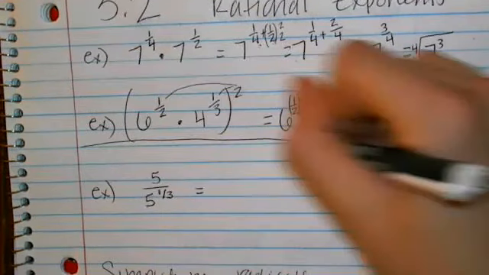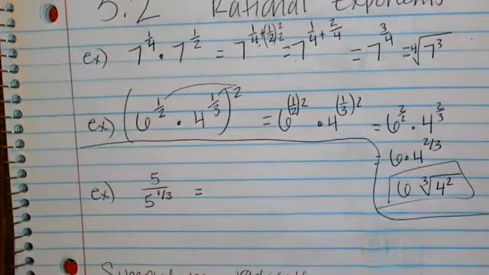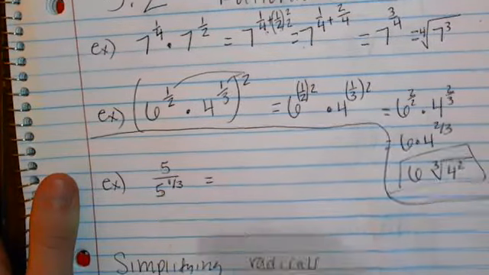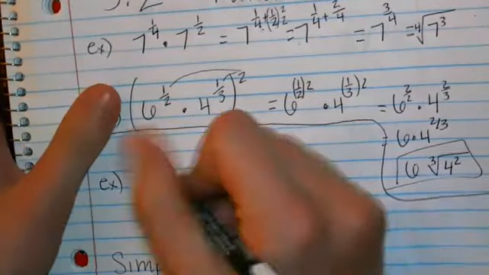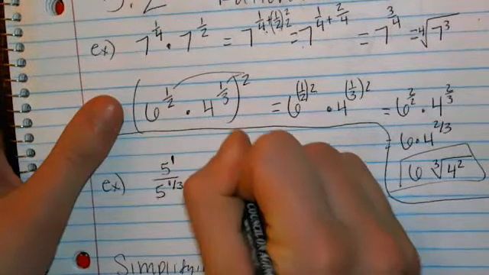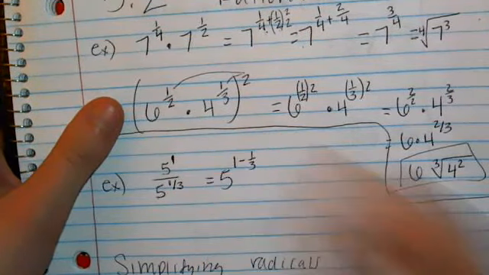All of this work goes toward that top example. Okay. If we're dividing things of the same bases, you can subtract their exponents. So again, if an exponent's not written, the assumption is it's a 1. So we will have 5 to the 1 minus 1/3.